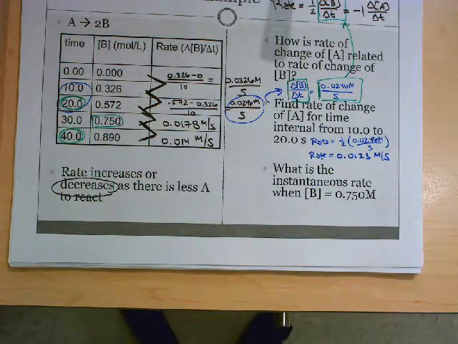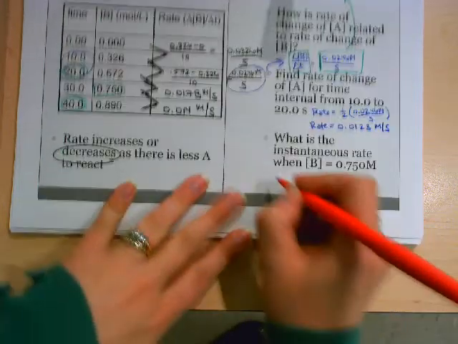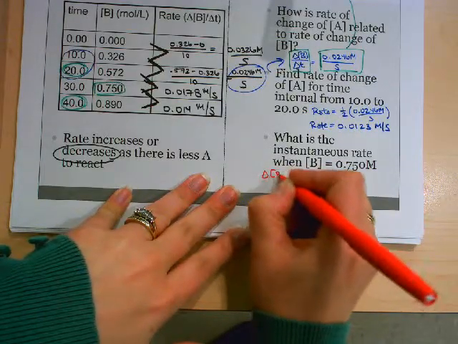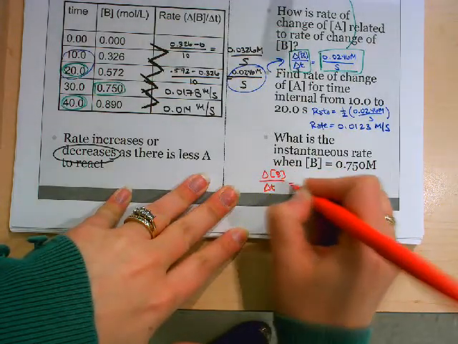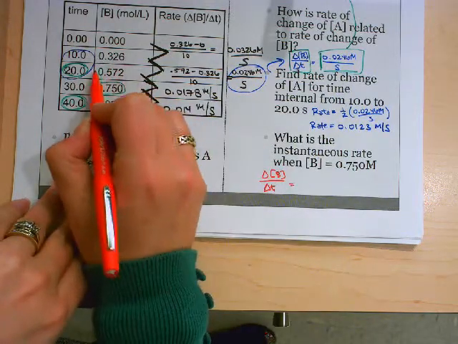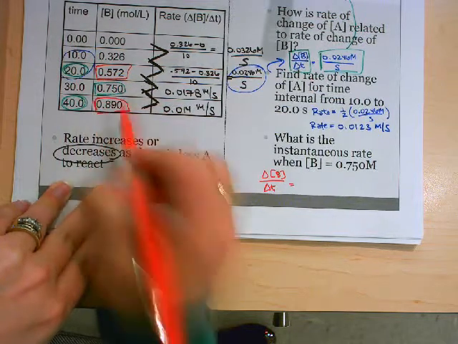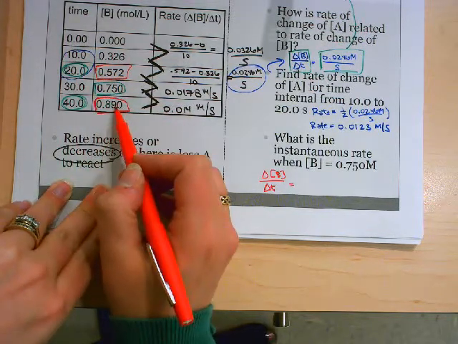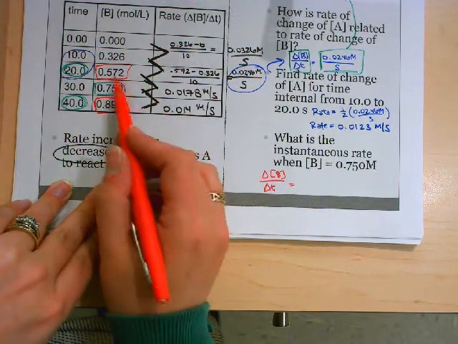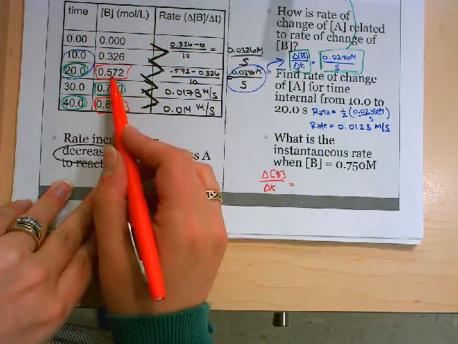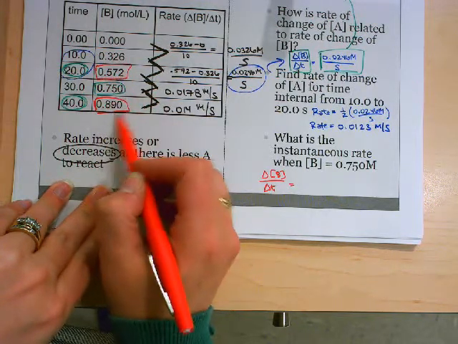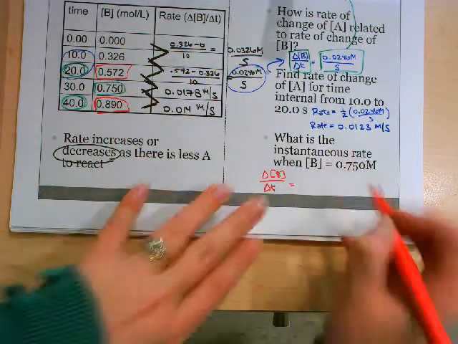So if I do that, it's going to be this B and that B. Which direction do I subtract? 0.89 minus 0.572 or 0.572 minus 0.89? Which one's the final? Yep.